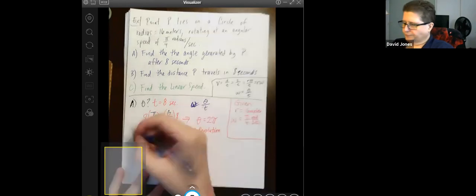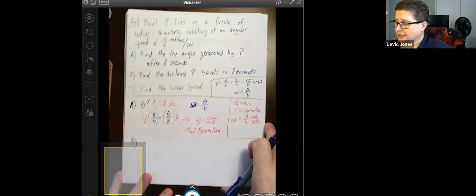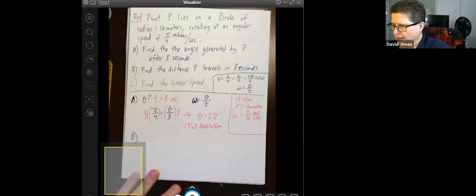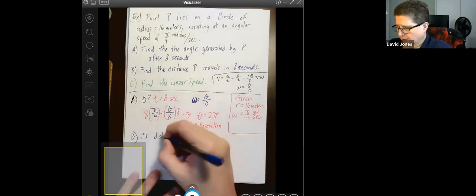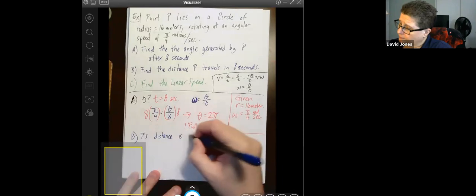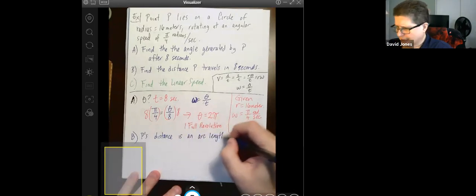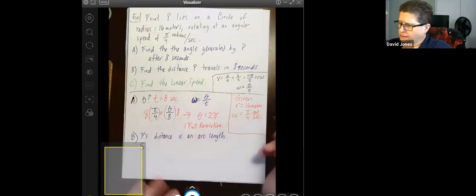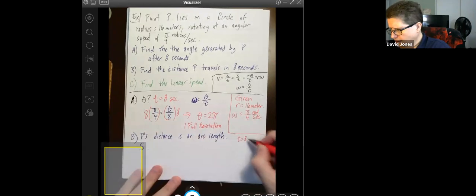B. Find the distance P travels in 8 seconds. So P is on the edge of the circle and it's going around. P's distance is an arc length, so we're looking for s. When t equals 8 seconds, theta equals 2 pi.